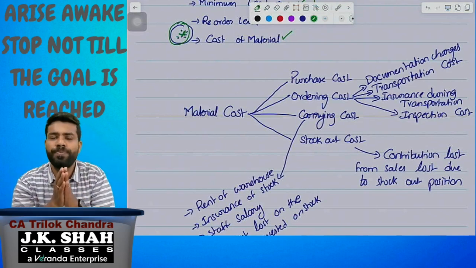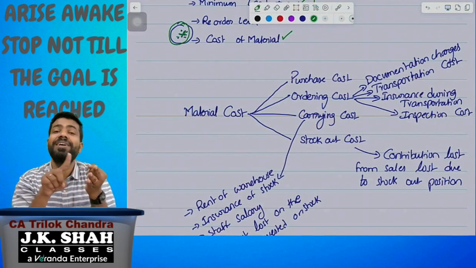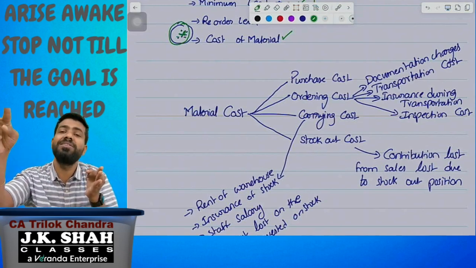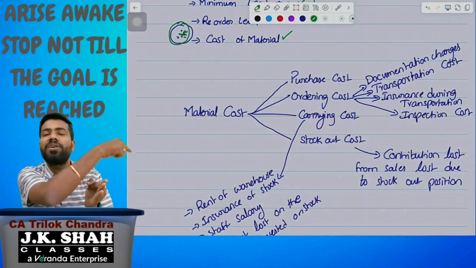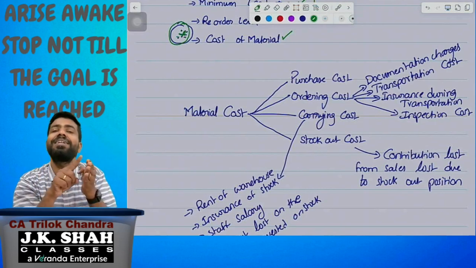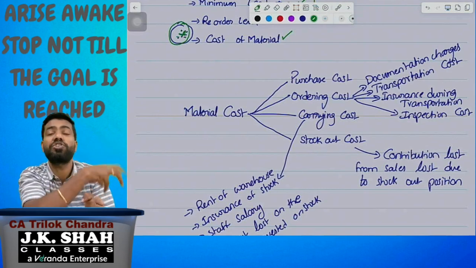Rent of the storeroom, the salaries of the staff, and insurance on the stock. What I discussed in the ordering cost is insurance during transportation. Now this is insurance on the stock lying in the storeroom. Finally, interest lost on the amount held in the stock.